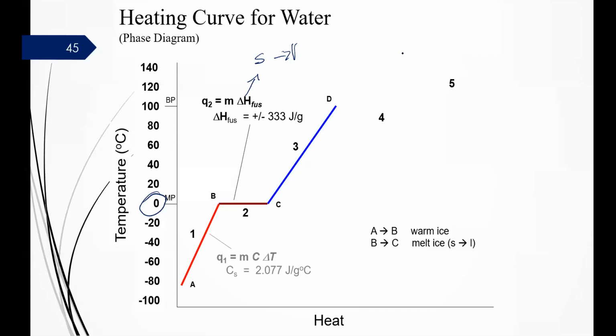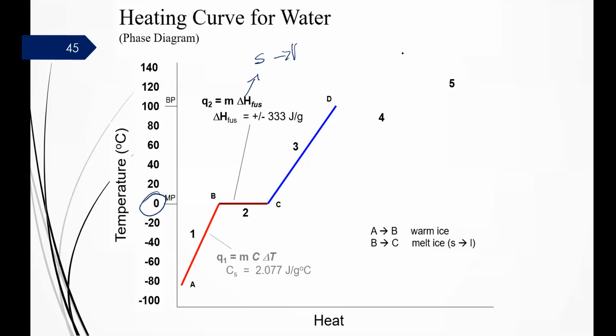One way to remember that your enthalpy change for fusion, going from a solid to a liquid, is positive is that it requires energy to break apart that solid, so we have to put energy in to make that happen. Whereas going from a liquid to a solid happens by removing energy, which is why our temperature is going down, and so that's going to be our negative process.